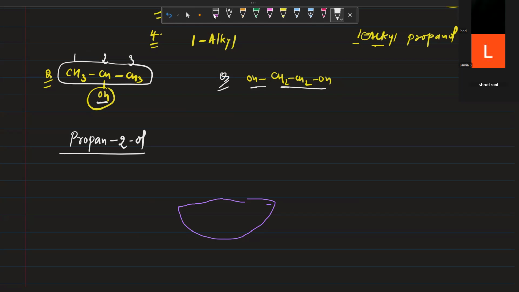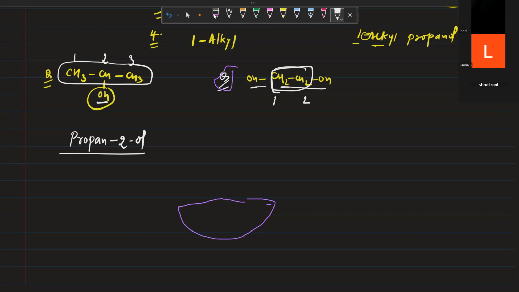How do you start for this question? Name the longest chain. In this case, let's suppose first and second.